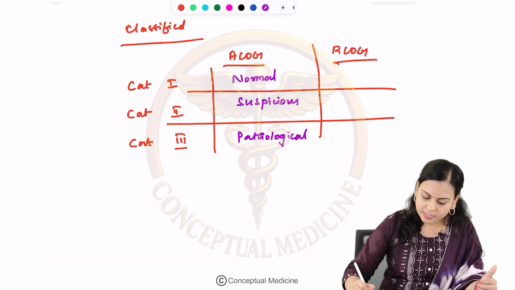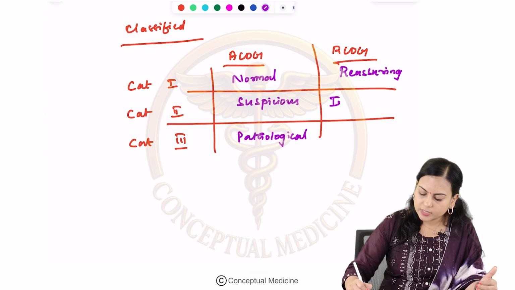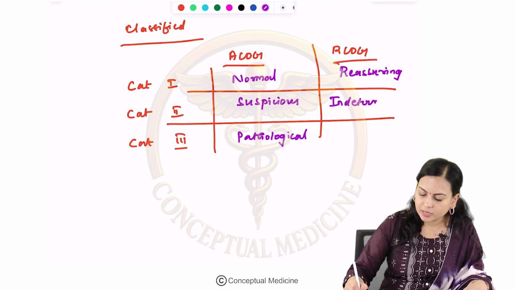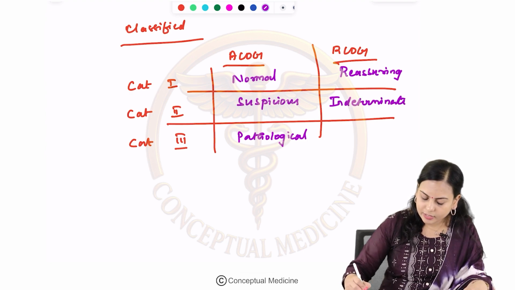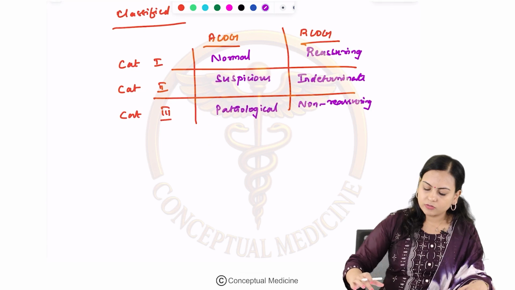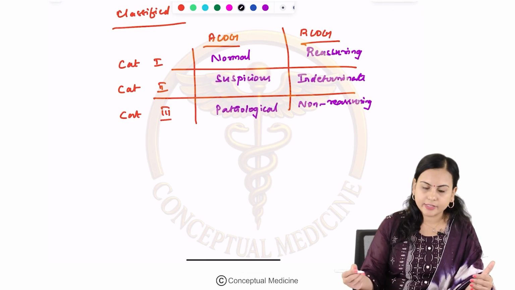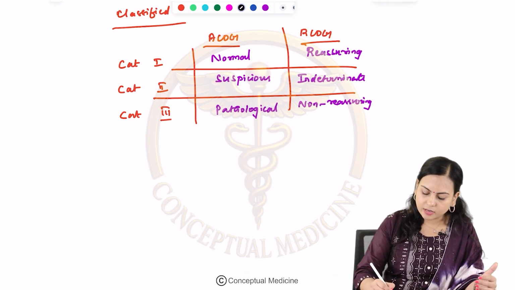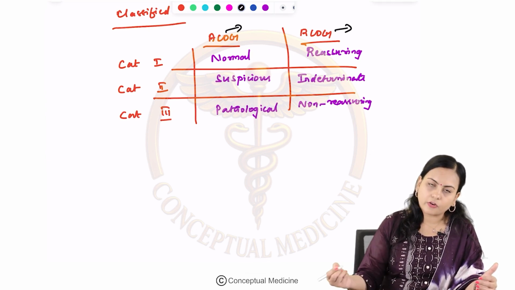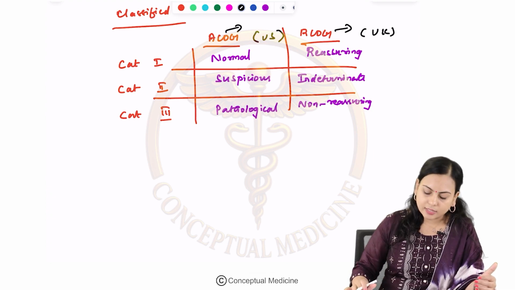Whereas RCOG suggests that category 1 is a reassuring NST, category 2 is an indeterminate NST and category 3 is a non-reassuring NST. Okay. So, these are different colleges that are providing guidelines regarding NST. This is an American college and this is a Royal College, which is UK and this is US. Okay. So, that is the thing.